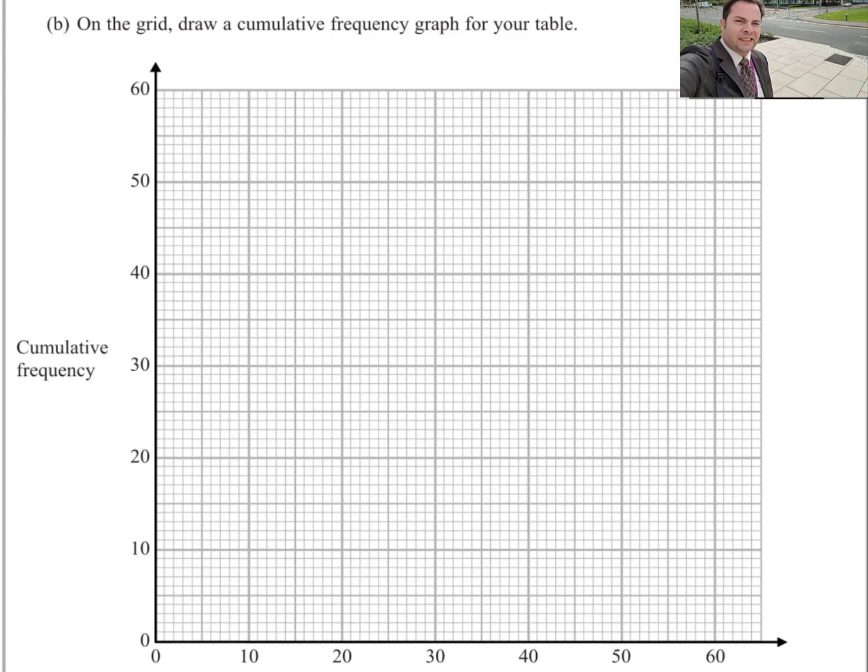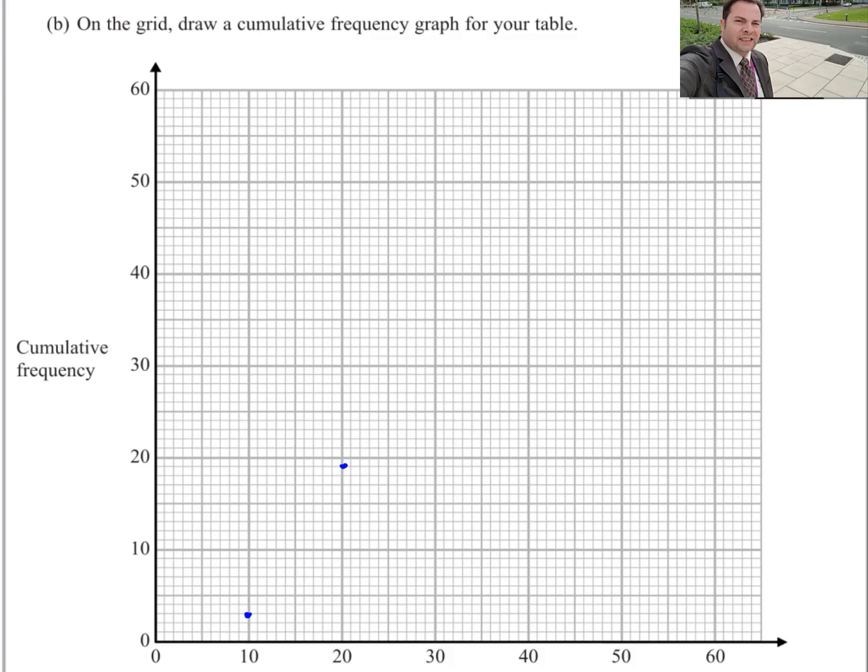In part B, the question asks to plot the points and draw the cumulative frequency graph. The first point, if you look at the previous table, it was 10 and 3. The first point, 10 and 3. Second point, 20 and 19.